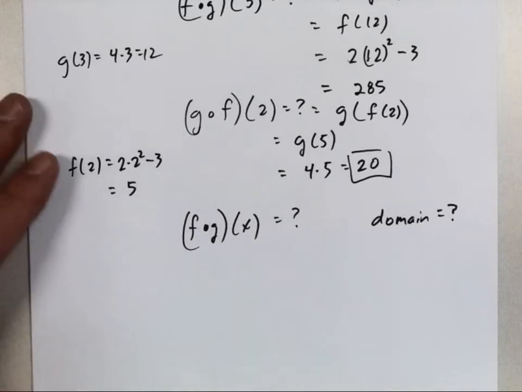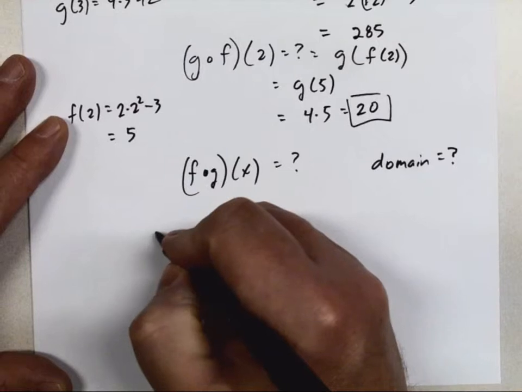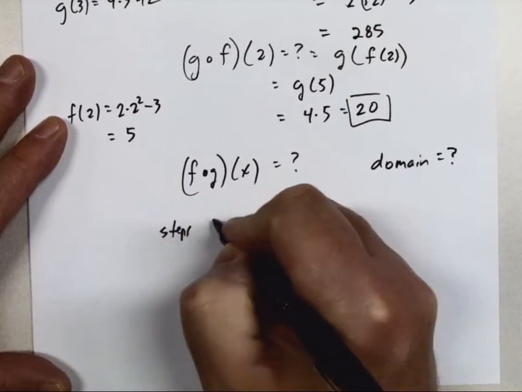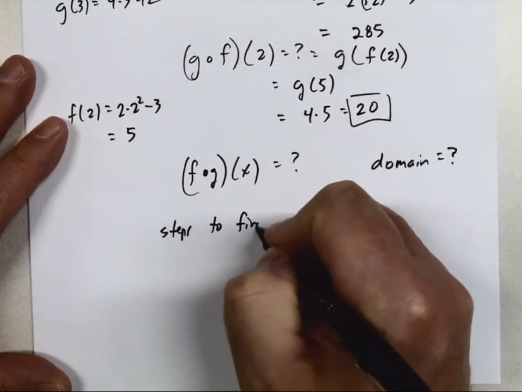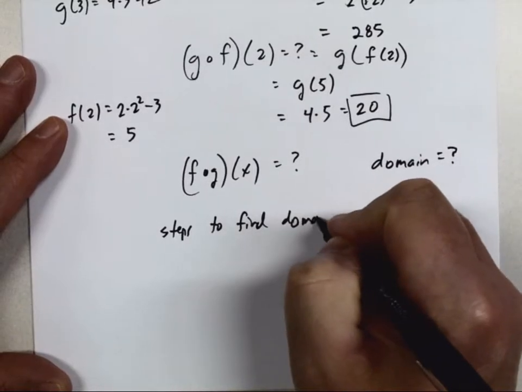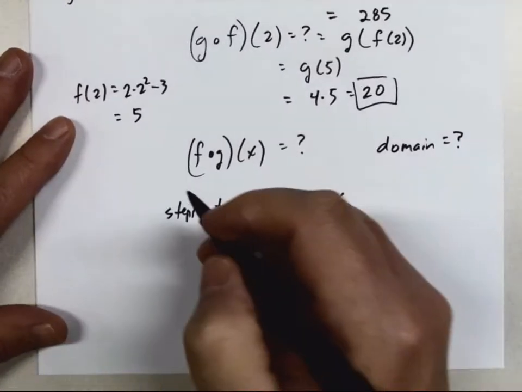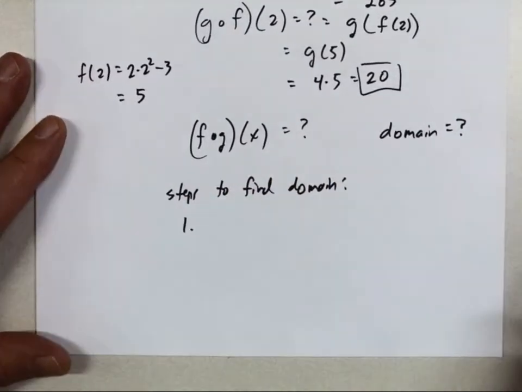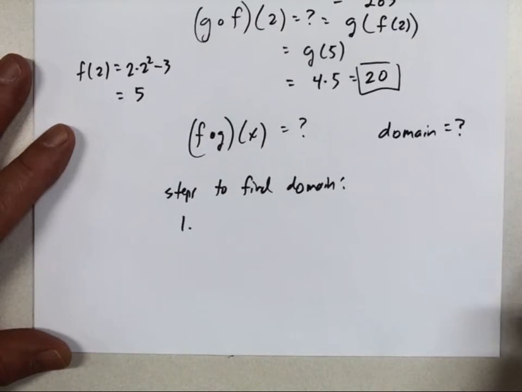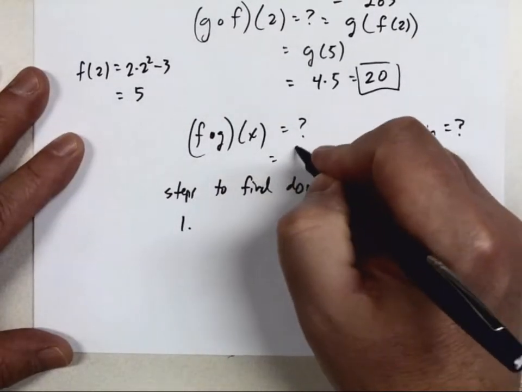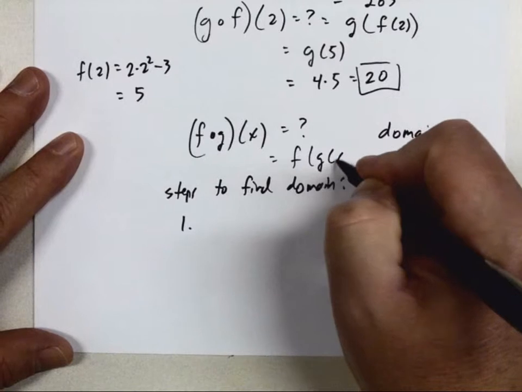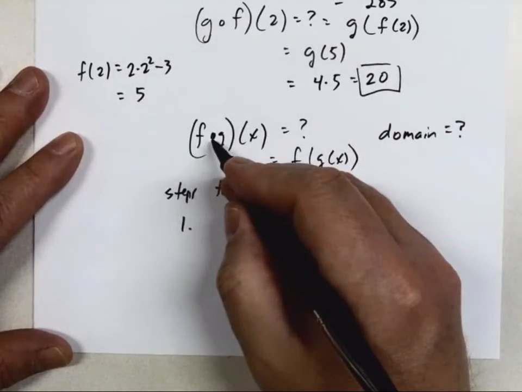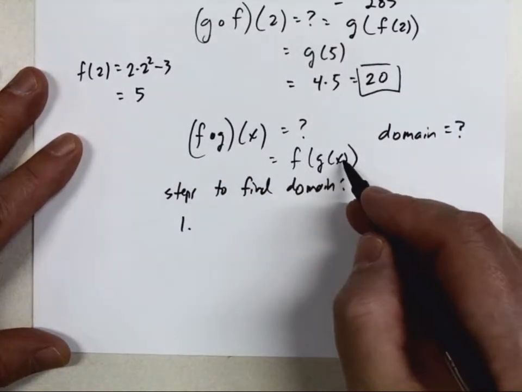So to find, let me just write it out. It's only 2 steps. What you do is, of course, F composite G of x is F of G of x.